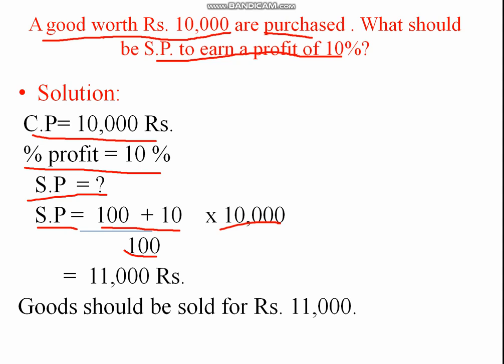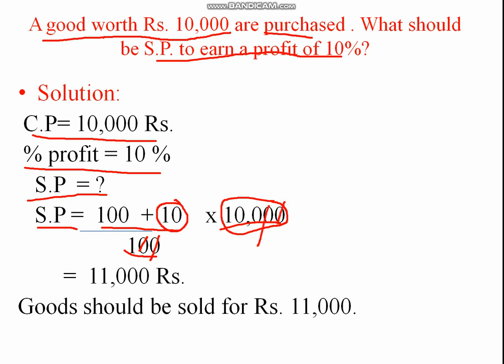So (100 plus percentage profit, here 10%) upon 100, into CP, which is 10,000 rupees. Simplify it: 100 plus 10 is 110, divided by 100, into 10,000. These two zeros get cancelled with these two zeros.